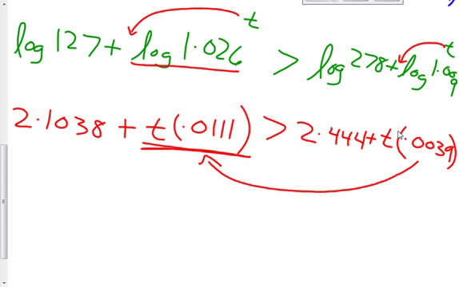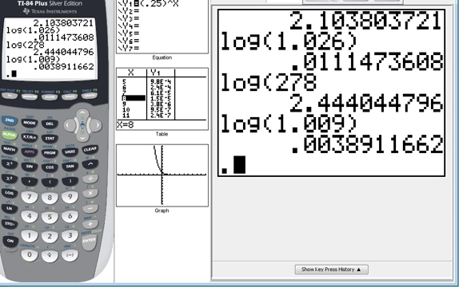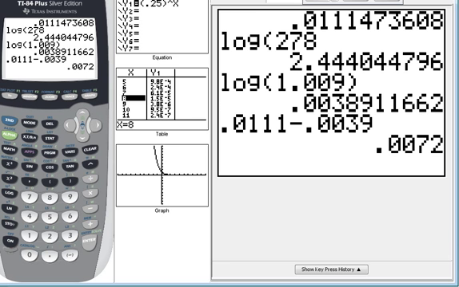So I'm going to subtract 0.0039t, and now that's out of the right side, so it's going to be 0.0111 minus 0.0039. And that's going to give me the t's that I have, 0.0072.